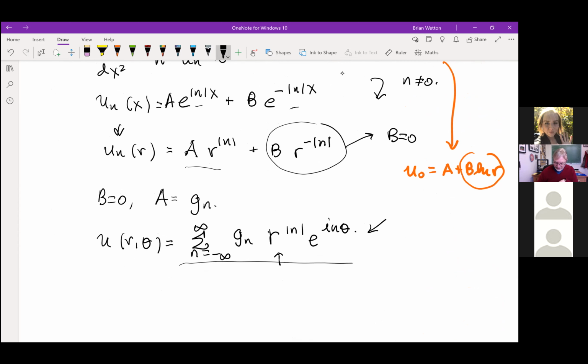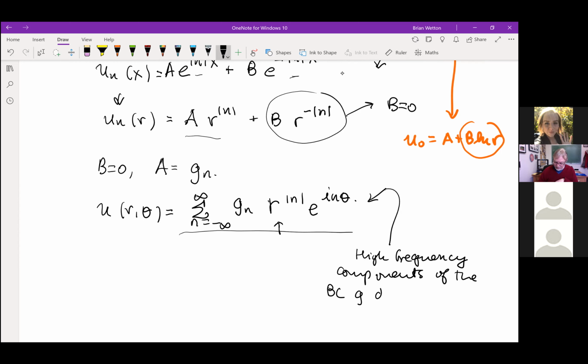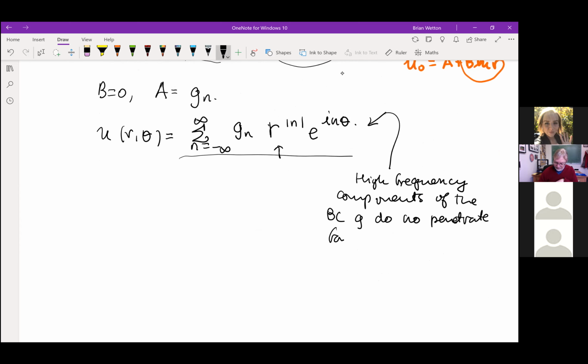Okay, you got it. So one thing you can see right away looking at this is that high frequency components of the boundary condition function g do not penetrate far into the disk. Let's look at what happens at r is equal to 0.9.